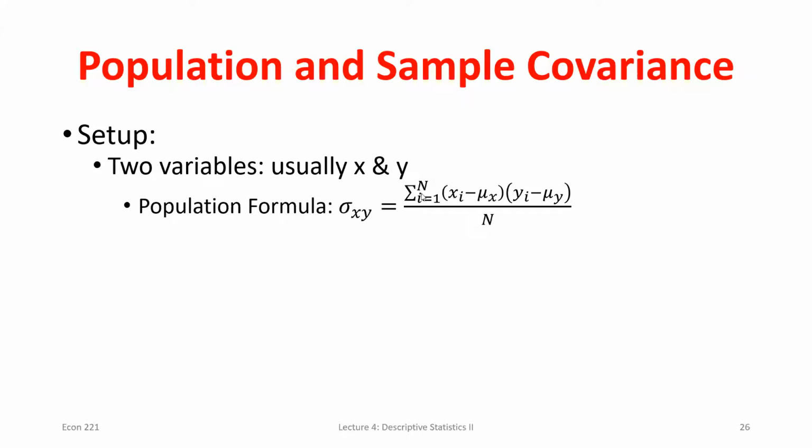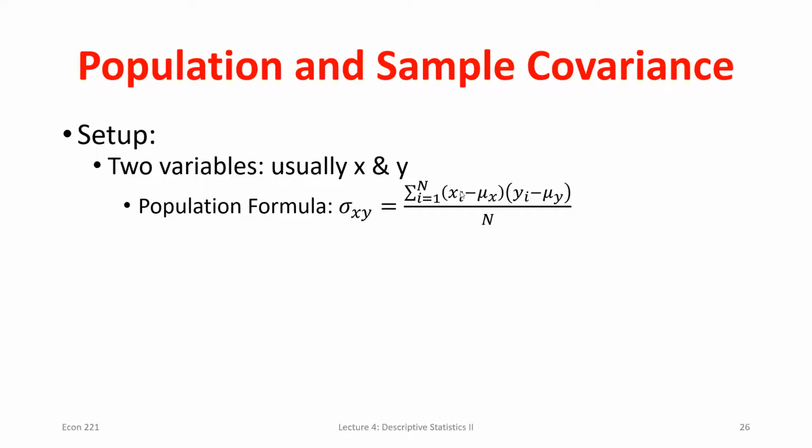So we'll go to the first observation and ask, is their height above the average height? Whatever that difference is, we then multiply that by the difference from the average weight.